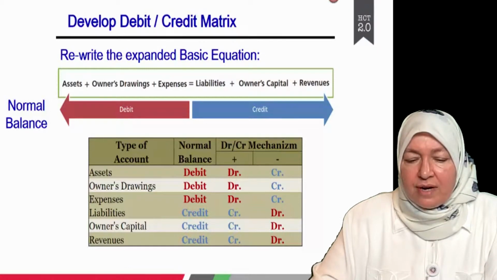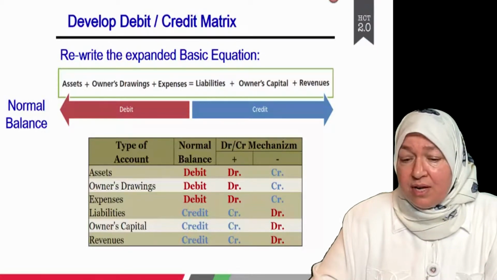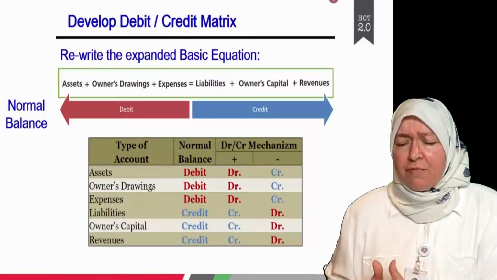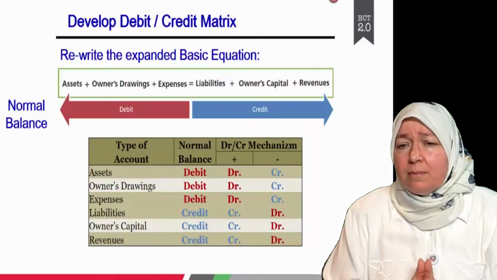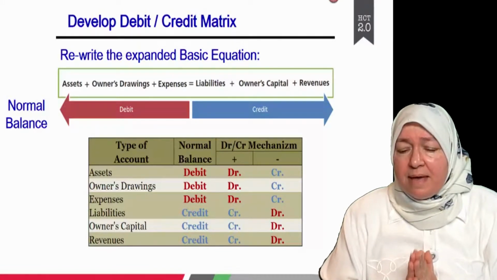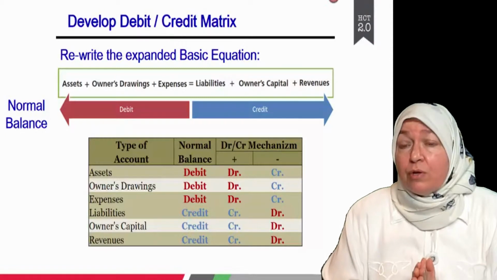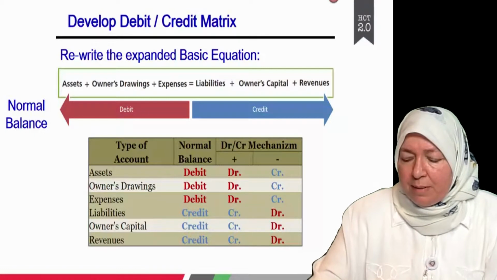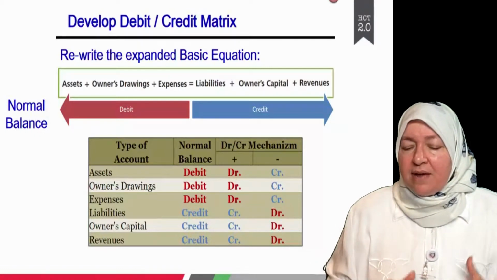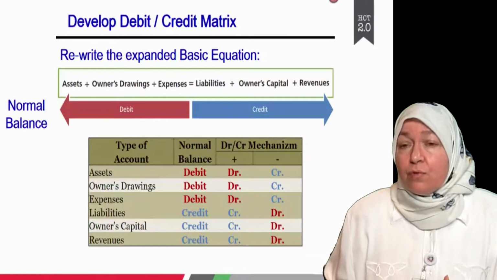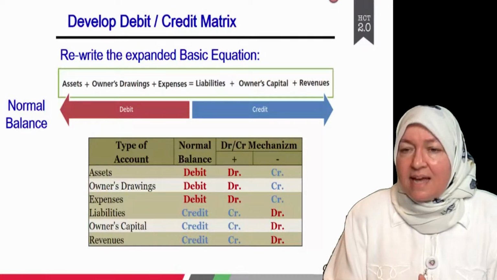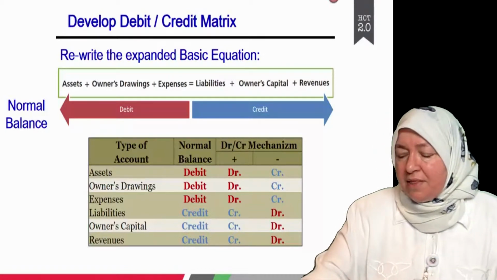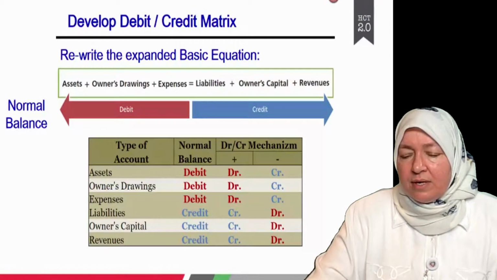Assets, drawings, and expenses, the first 3, have a normal balance of debit, which we should always remember. If we want to increase them, we use debit, the same as their normal balance. If we want to decrease them, we use credit, the opposite of their normal balance. Liabilities, capital, and revenues have a normal balance of credit, so if we want to increase them, we use credit. If we want to decrease them, we use the opposite of their normal balance, and that is debit.